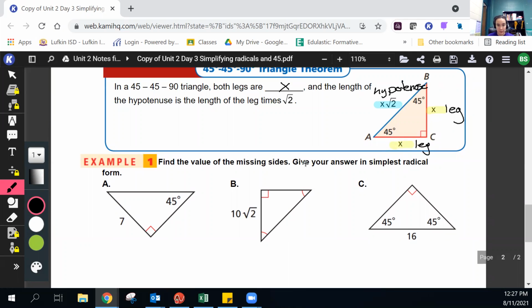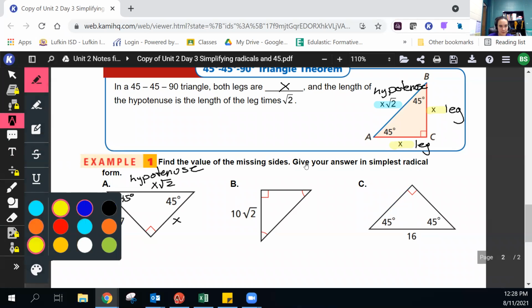So that's what we're going to do. We're going to solve for our missing sides. So we've got a right triangle. I know one angle is 45 degrees. That means my other angle has to be 45 degrees. The side across from the right angle is the hypotenuse, and that means that it is x times the square root of 2. That means my other two sides are both x, and I already know what x equals.